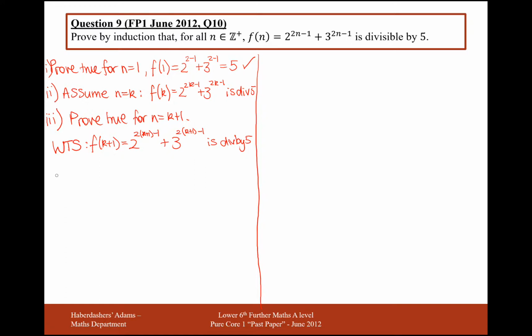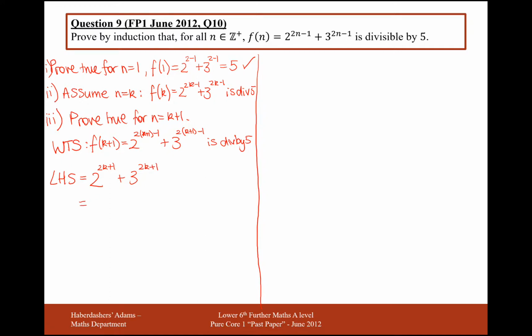So that's what we want to show. Let's start off with effectively the left-hand side of this expression here. So 2 to the power of, let's simplify this, 2k plus 1, add 3 to the power of 2k plus 1.